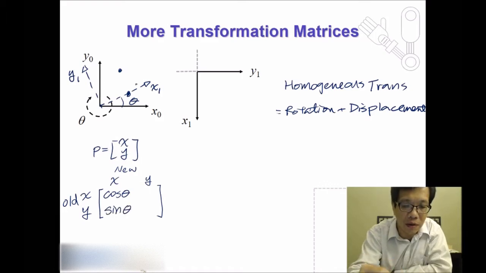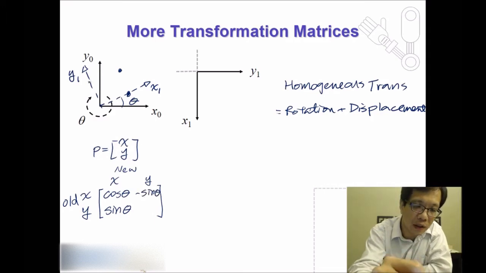For the y1 axis, the x component is negative sine theta. This is sine theta, and this is cosine theta.